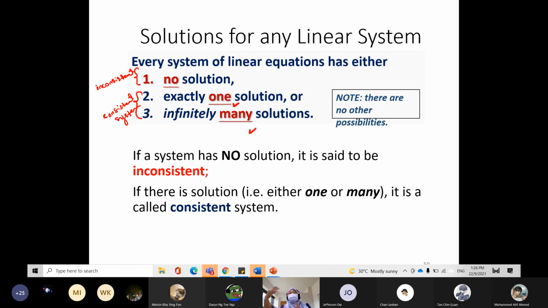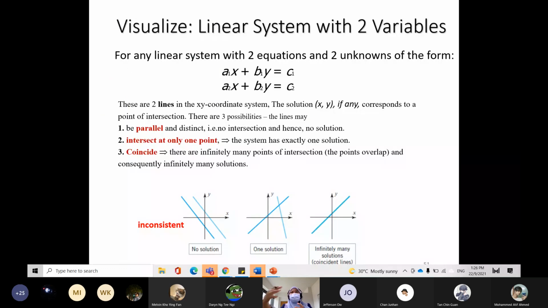Okay, so let's say we visualize it in the xy coordinate system. Let's say we have two linear equations. These two linear equations we represent by the graphical method.